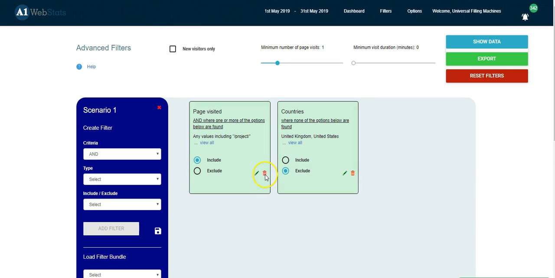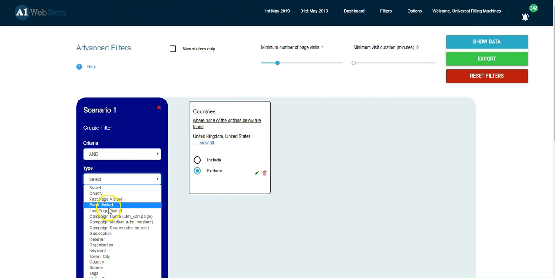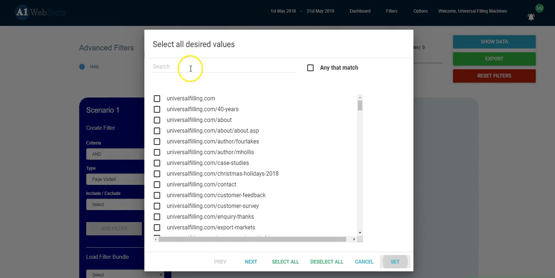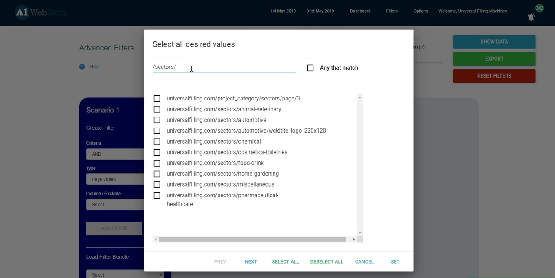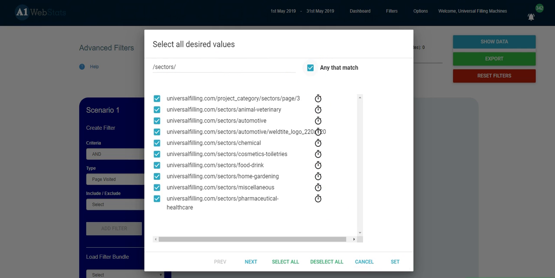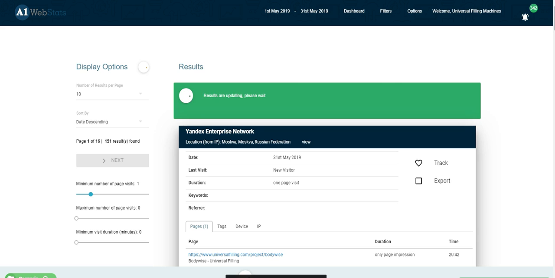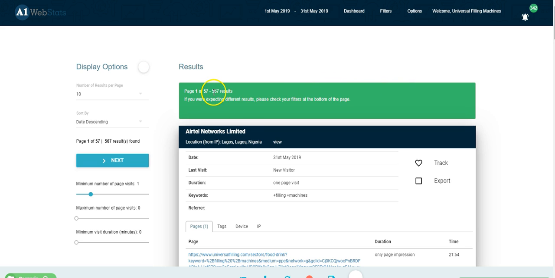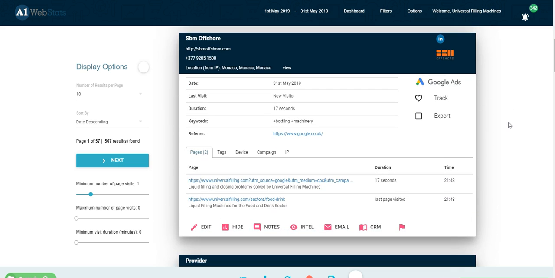We remove this filter we had here. What we're going to do is look at the page visit that had /sectors like that. Run the data, and we see 567, which is 24% of those people got as far as the sectors pages.